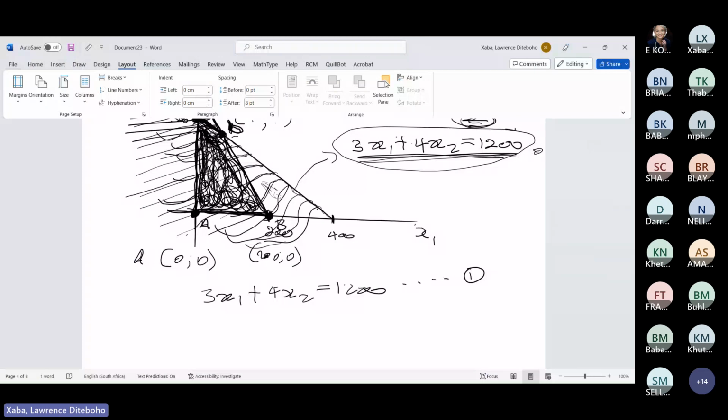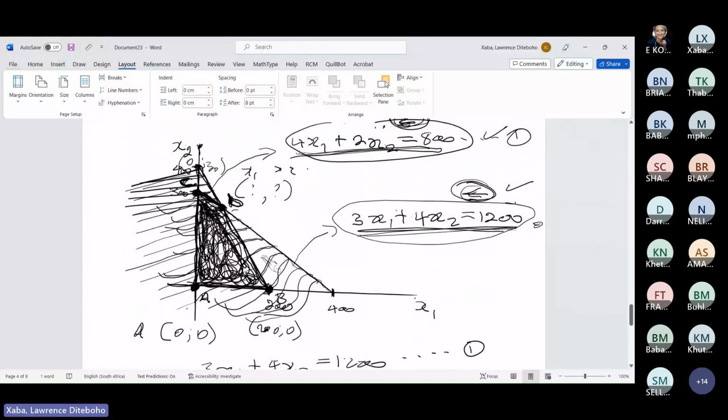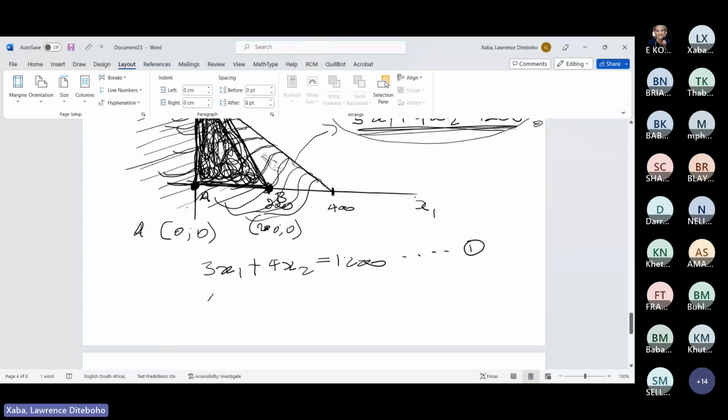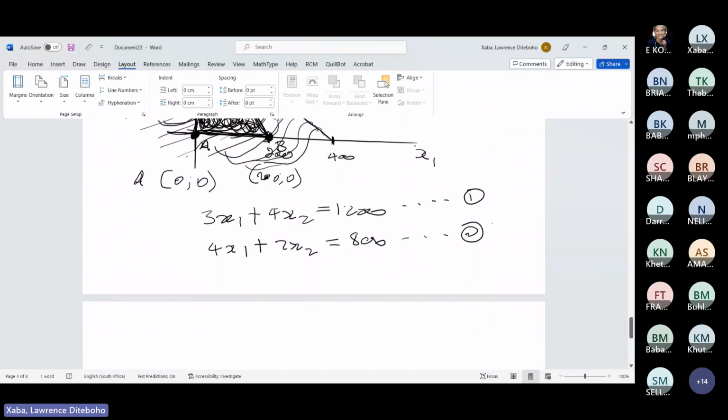The second equation is 4x1 plus 2x2 equals 800. So what do we do now? We can apply the elimination method or simultaneous equations, not equating.